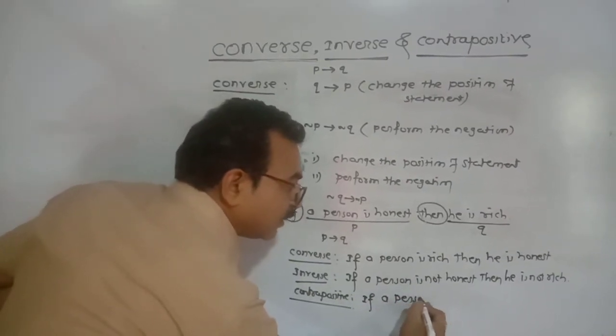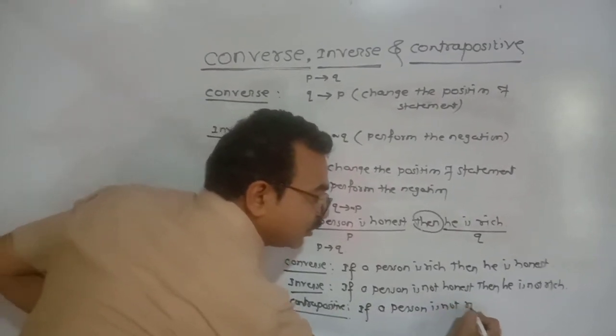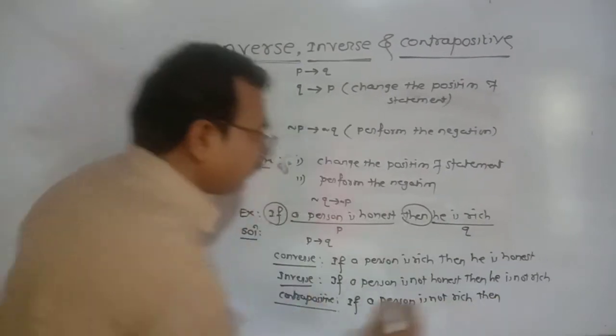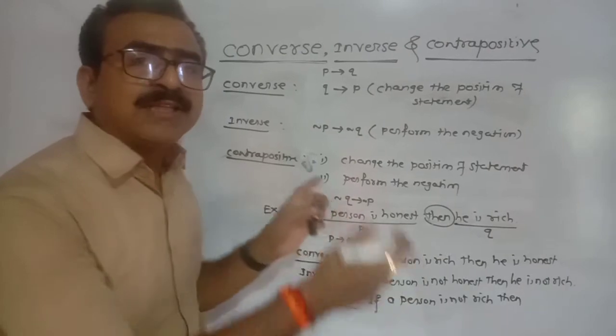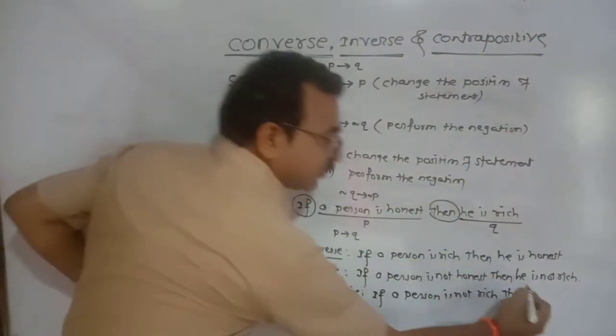If a person is not rich, then the first statement, a person is honest, means he is honest, and its negation becomes he is not honest.